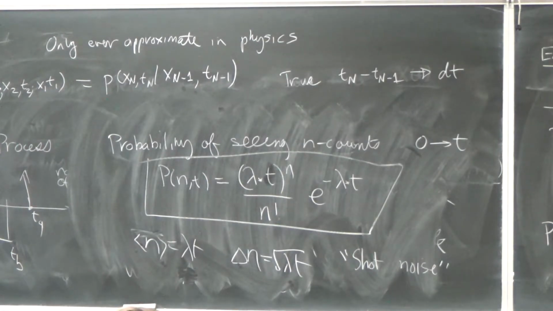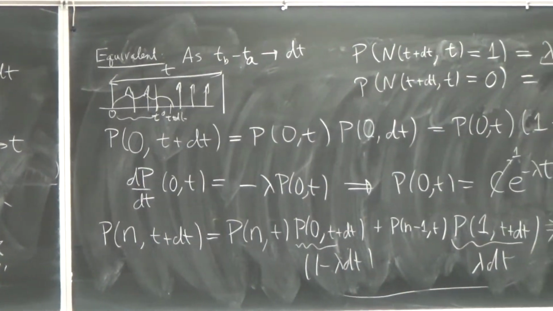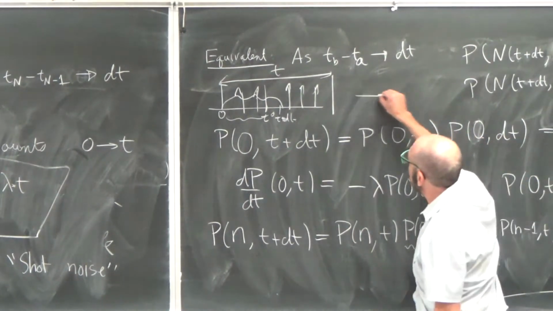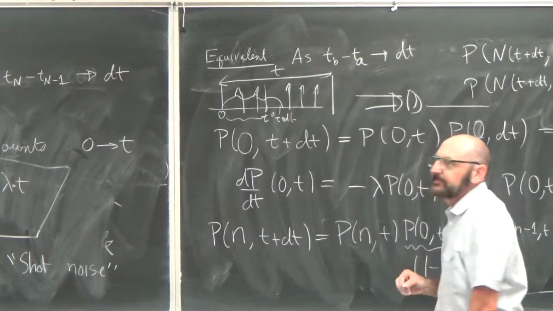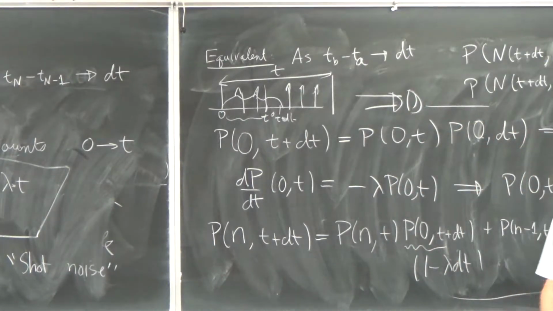So this is a Poisson process. For example, the question came up about what happens with coherent light versus incoherent light. If I send light onto a detector, do I see just continuous photocurrent? It depends.